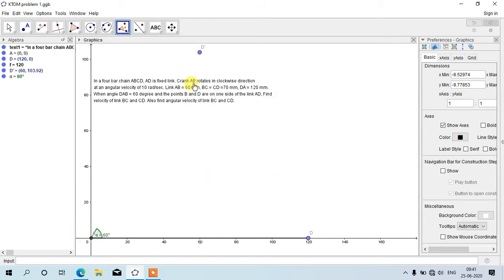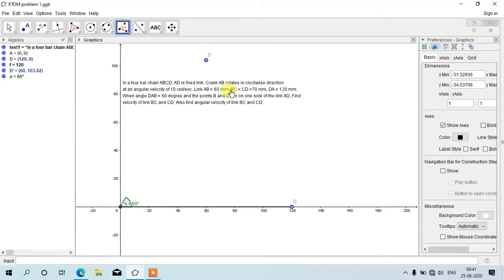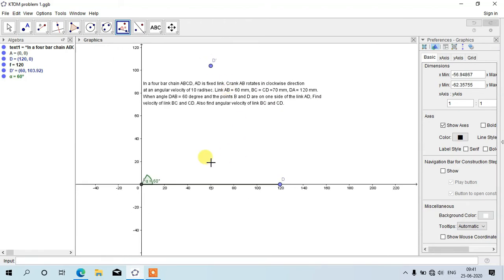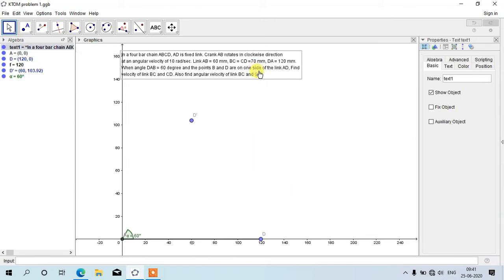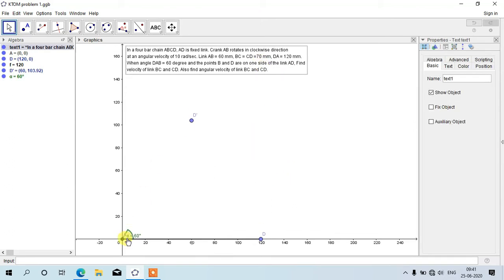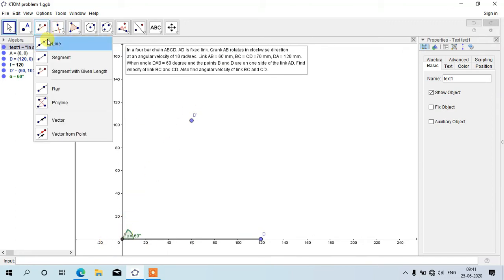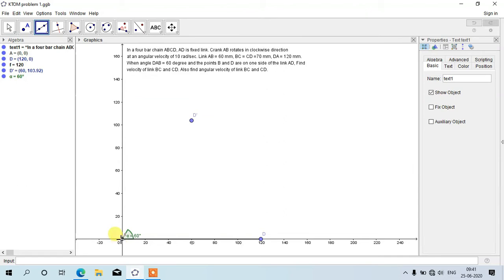So we can find the point at 60 degree over here. Now we will draw a line of length 60 mm at this angle. To do that, I will first draw a line passing through these points.